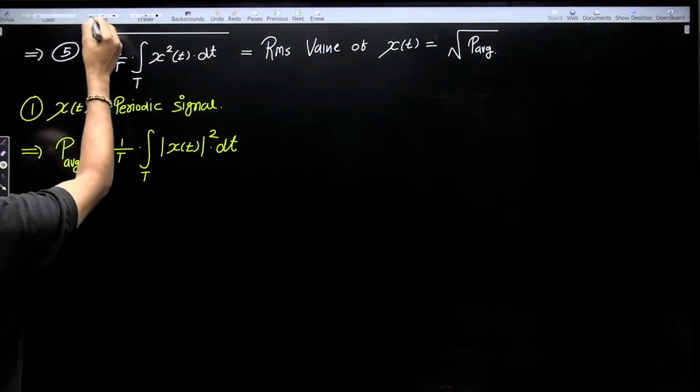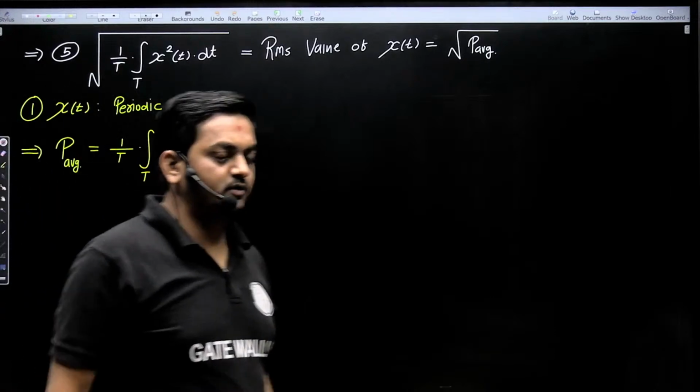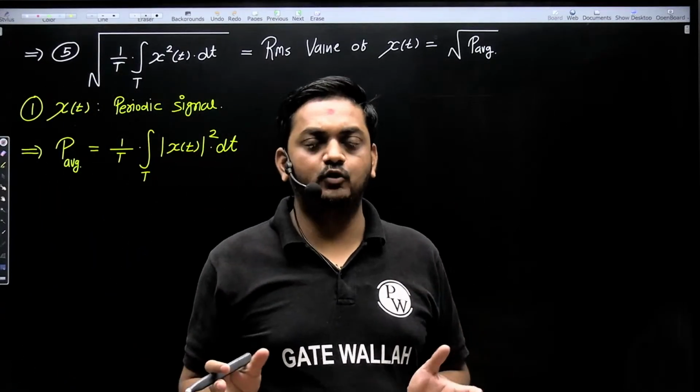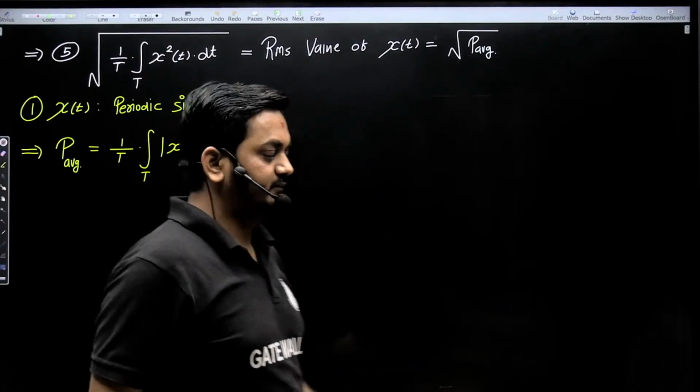And second, suppose x of t is aperiodic. So what is the fundamental time period of an aperiodic signal? The fundamental time period of an aperiodic signal is of course infinite.